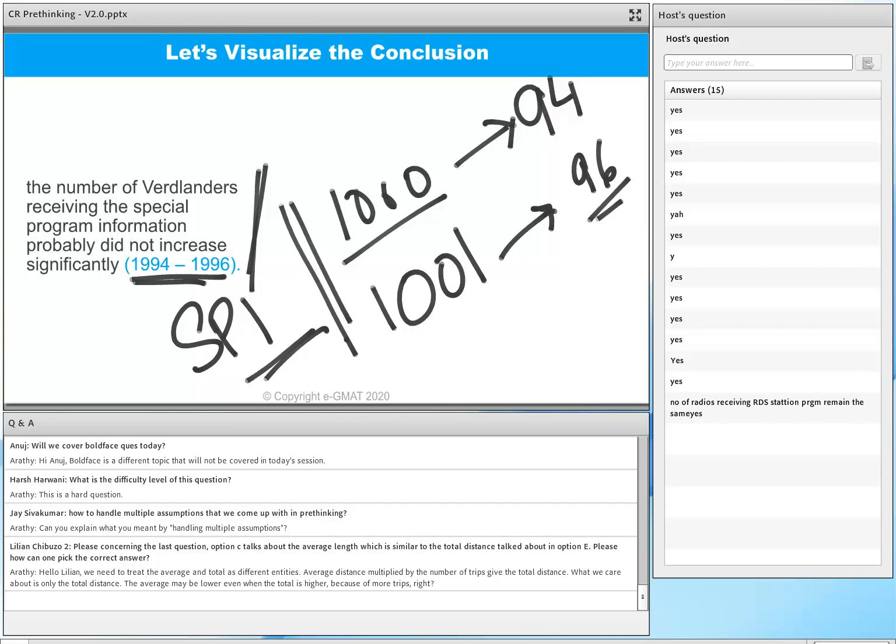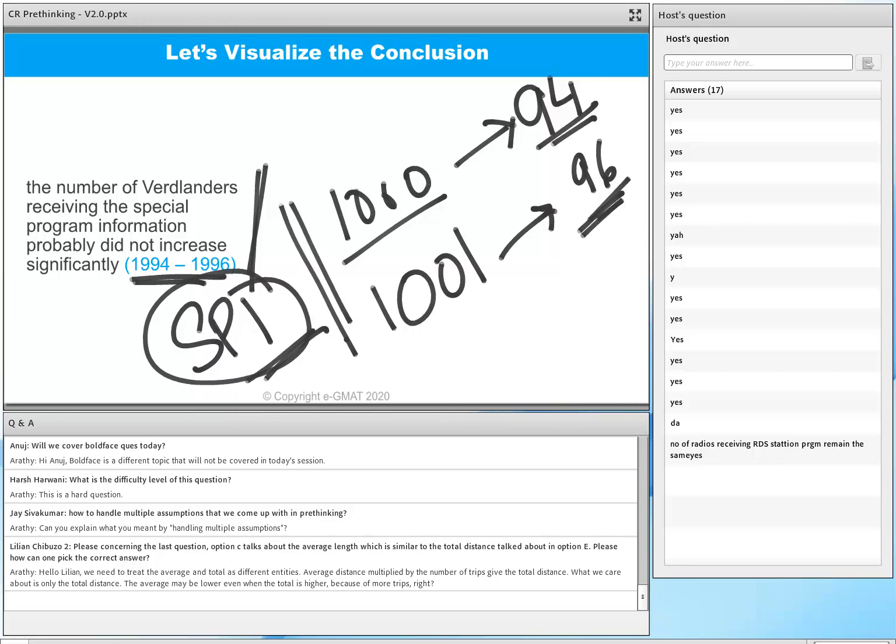One is it's about the difference between 94 and 96. The second is it is about special program information. Only that. We are not concerned with any other kind of programs. Can you see that observation over here?